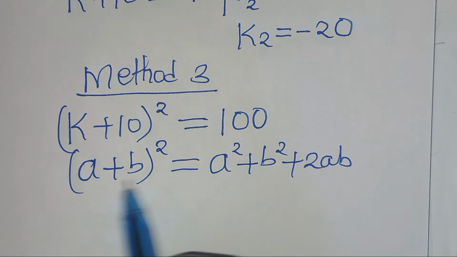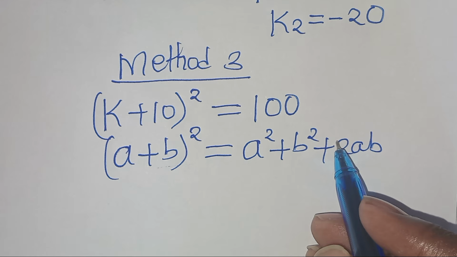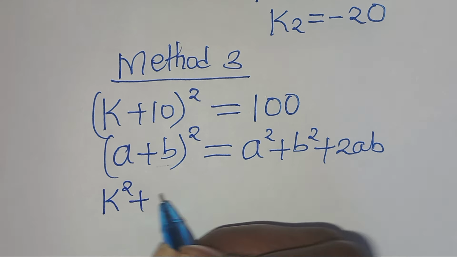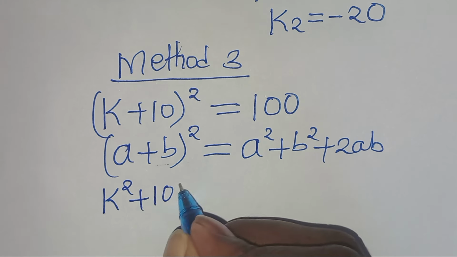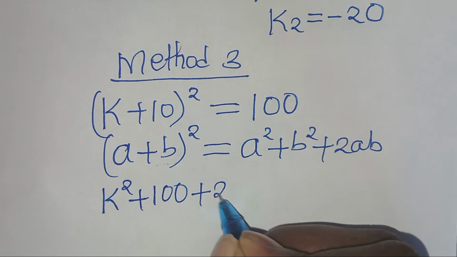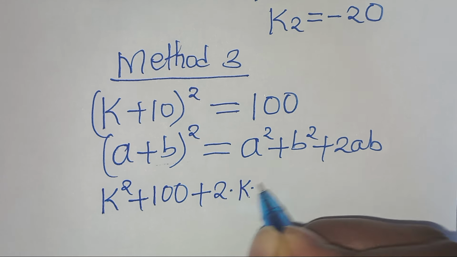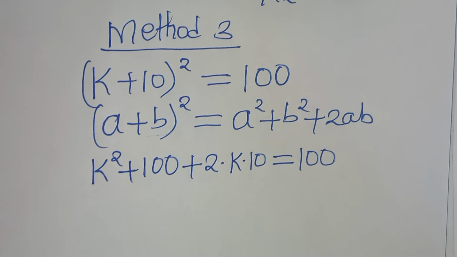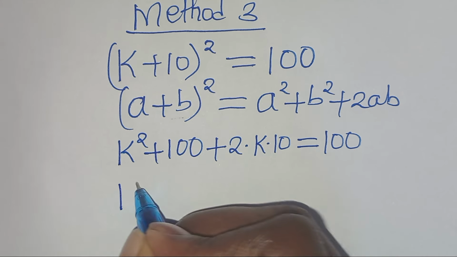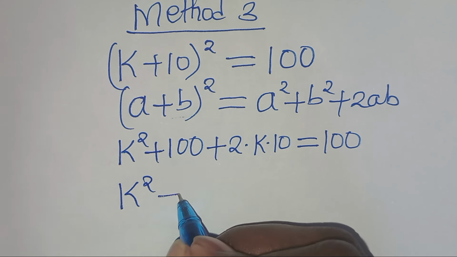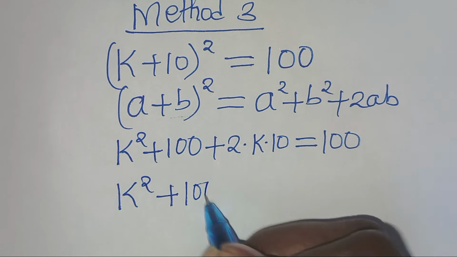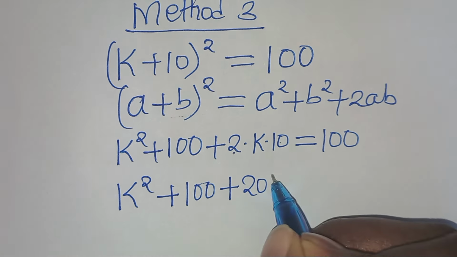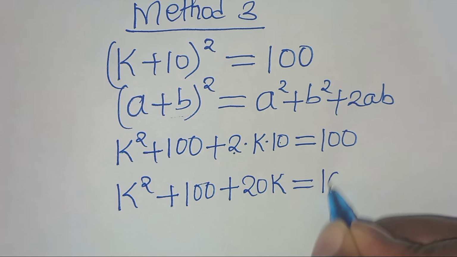Applying this identity, we have k squared plus 10 squared, which is 100, plus 2 times k times 10, equal to 100. So k squared plus 100 plus 20k equals 100.